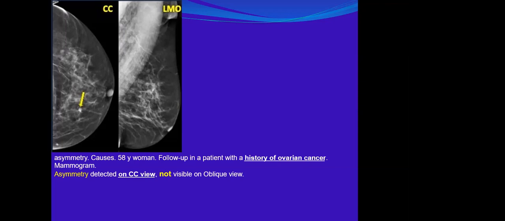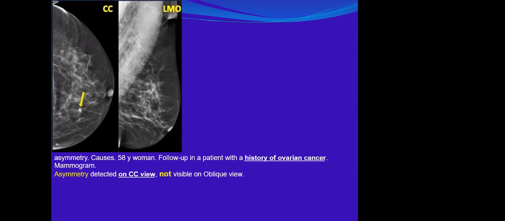Can you consider it, if you do a spot magnification view and you did not see it, you will code it as BI-RADS 1? If this patient, you do spot and the lesion is not seen, you will code it as BI-RADS 1.